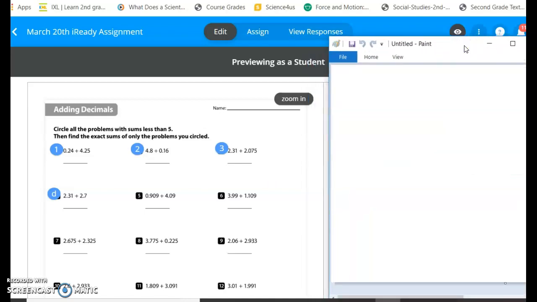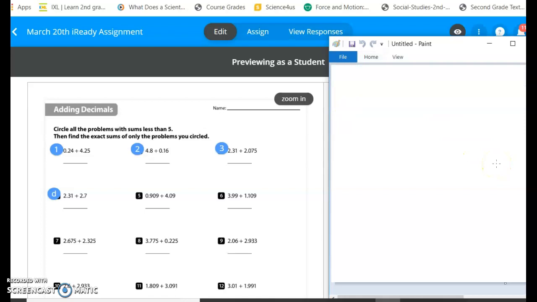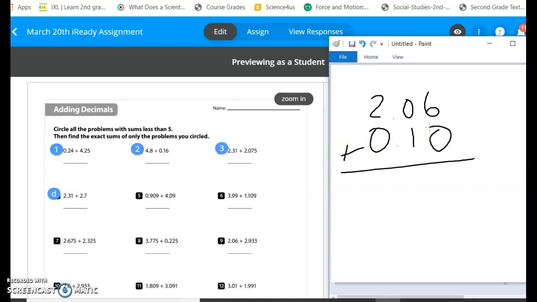For example, you might have 2 and 6/100ths, and then you might have plus 1/10. You remember to line it up straight with the decimals. You could put a 0 here, you can put a 0 here, but just remember that your decimals go straight down. That is not one of our problems. That was in case you're not going to watch me work through the problems.